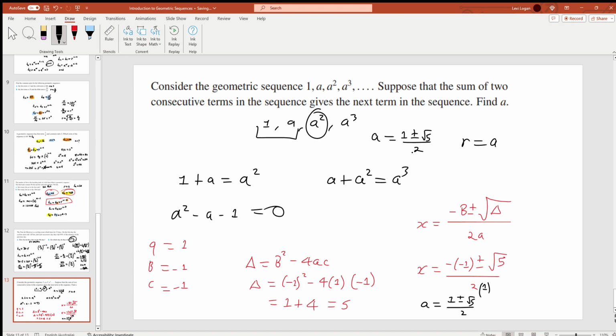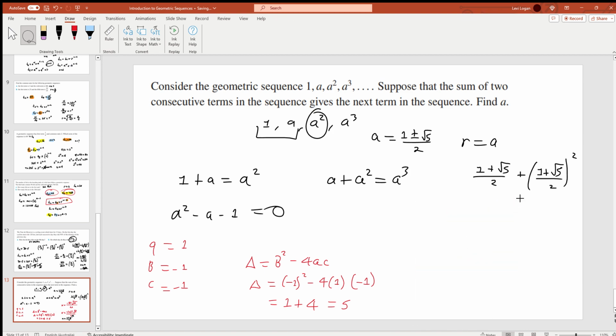Now we've got to think, alright, can this work for both positive and negative? Well, we can double check. If I have 1 plus root 5 on 2 plus that all squared, does that equal that cubed? Now, this number looks very familiar. For example, if you've ever done the golden ratio, you probably know what this is.